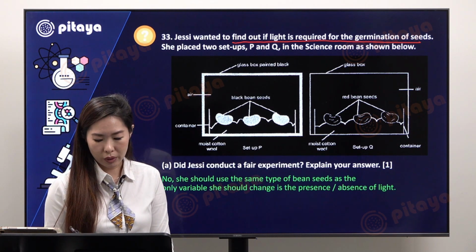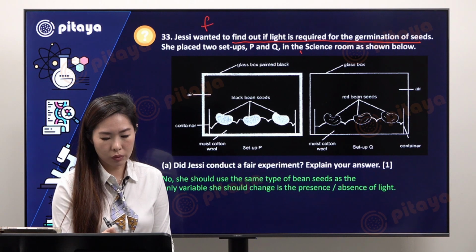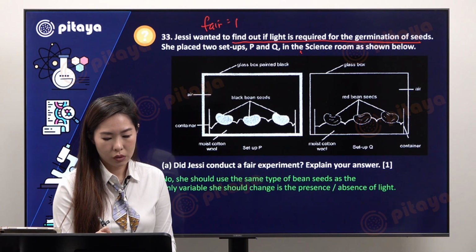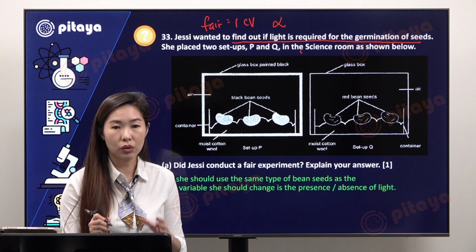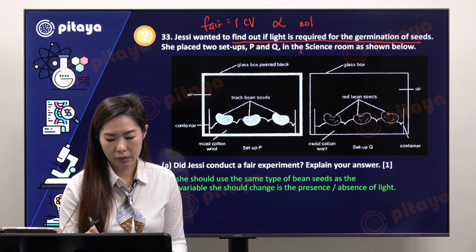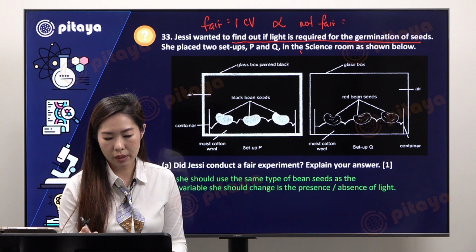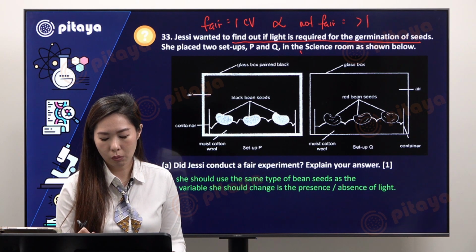fair, right? We know that fair is when there is only one change variable. So conversely, if it is not fair, it means that the experiment has more than one change variable.